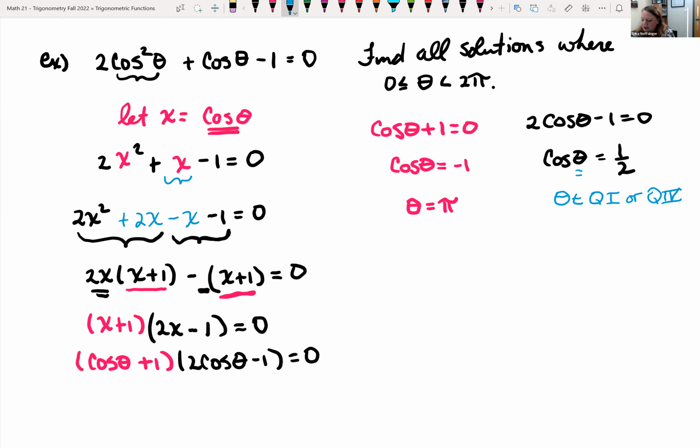So thinking about the value of theta that gives us back positive 1/2, that's at 60 degrees or pi thirds. And so pi thirds is also going to be our reference angle in the fourth quadrant. So our reference angle right in here is pi thirds.